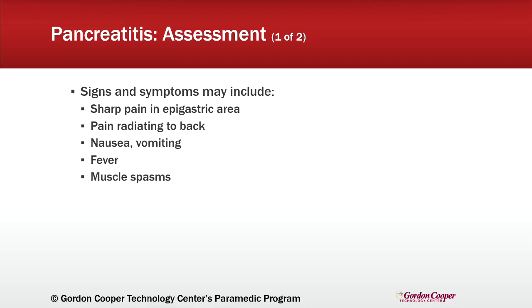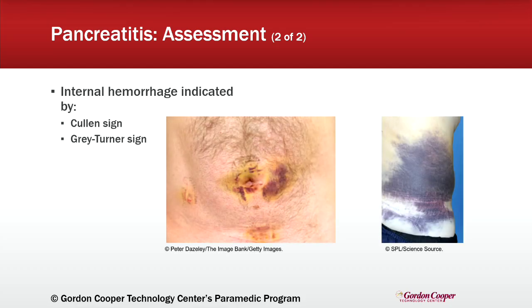Signs and symptoms typically include sharp, severe pain in the epigastric area, pain that may radiate into the back, nausea, vomiting, fever, tachycardia, and hypotension. Those kind of go hand in hand. And they may even have some muscle spasms that are due to hypocalcemia, so those high calcium levels, or low calcium levels, I'm sorry. With pancreatitis, internal hemorrhage is a very, very serious concern.